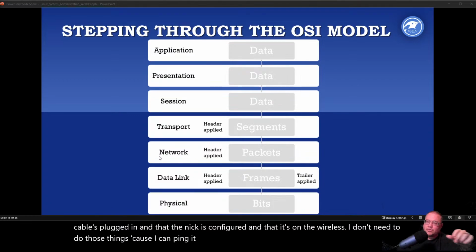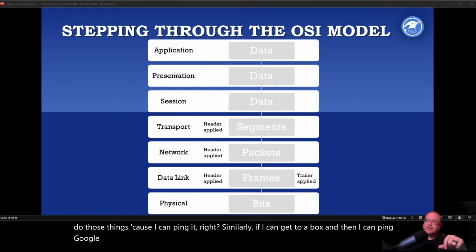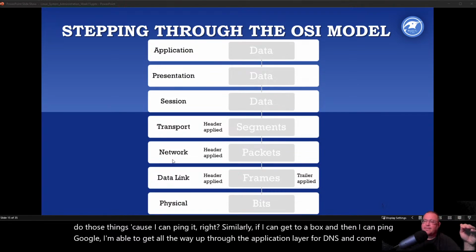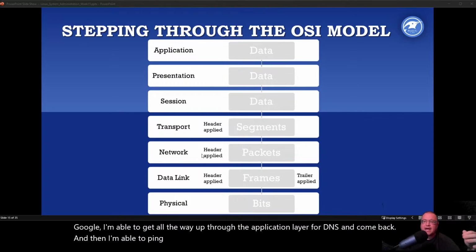Similarly, if I can get to a box and then I can ping Google, I'm able to get all the way up through the application layer for DNS and come back, and then I'm able to ping Google via IP and come back. So I have a pretty good amount of the system working.